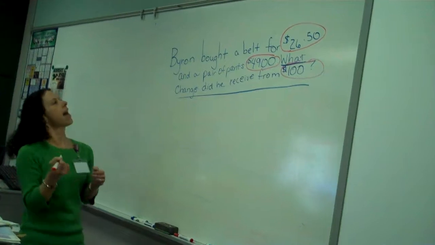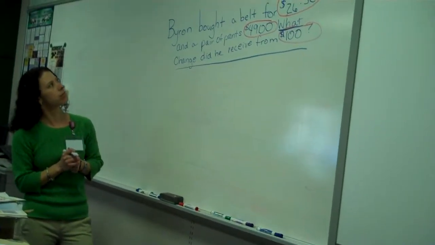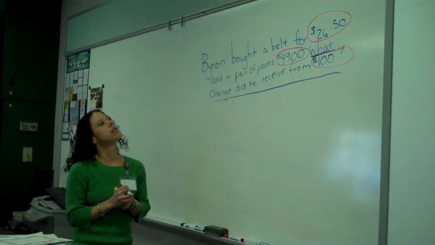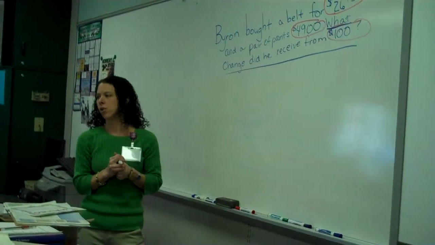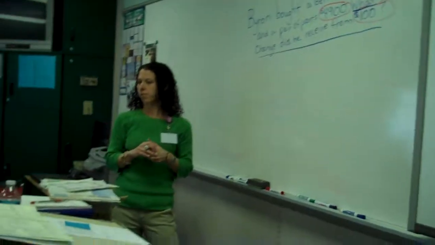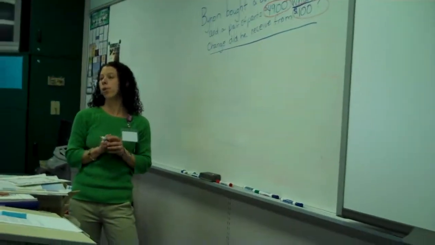Box any math action words. Do we see anything in there? He bought? But what was that going to be? He bought? Is that an addition? What do you think? Remember the words I just went over? It's going to be a word that's going to tell you what operation we need to do.